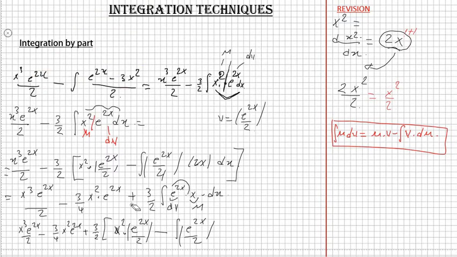So here we have x. If we derive x, we just get 1, and then we have the x. So we close the bracket. We're going to multiply the constant with all the terms inside the bracket, as we did in the previous steps.